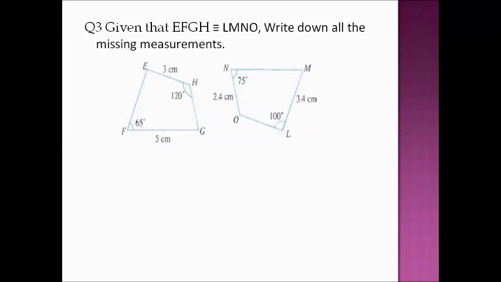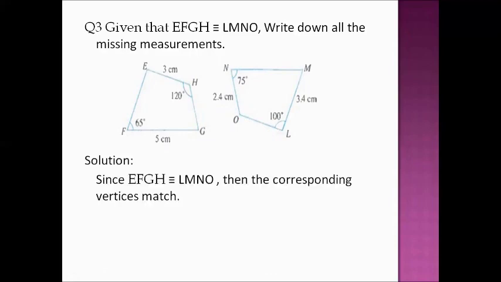So you need to find out the missing measurements of the two quadrilaterals. How to begin? Yes, first of all, as it is given in the question that EFGH is congruent to LMNO, the corresponding vertices match. So the corresponding vertices should be matched to each other.